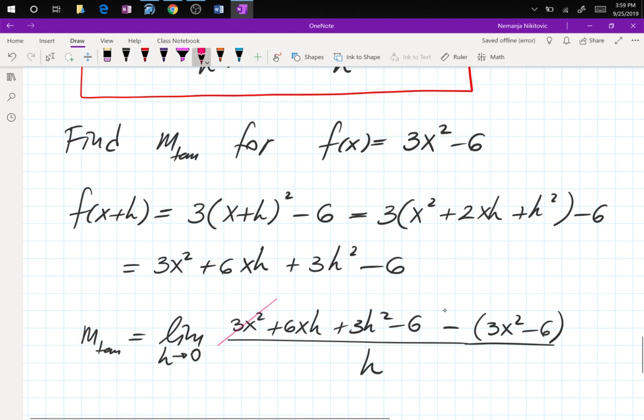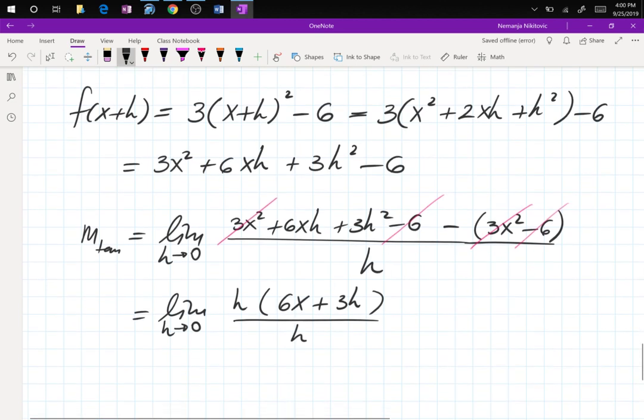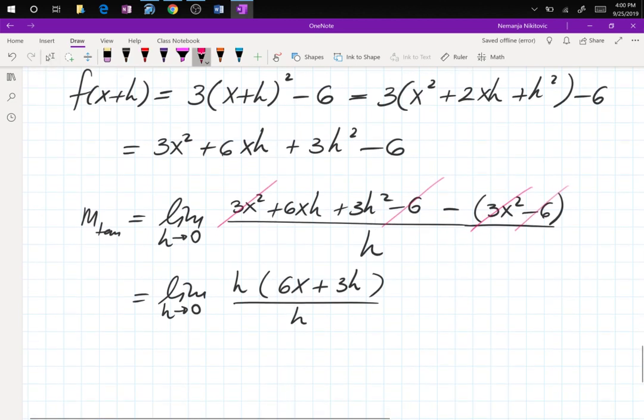So now you have 3x squared and negative 3x squared, and you have a negative 6 and a positive 6 when that minus distributes. So we canceled a whole bunch of stuff, and now we can just run the limit as h goes to 0. Kick out h. We have 6x plus 3h divided by h. Cancel.